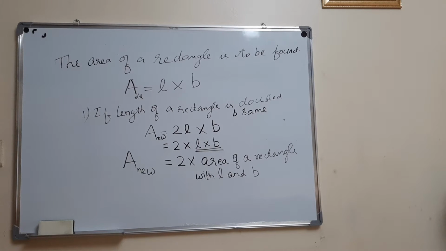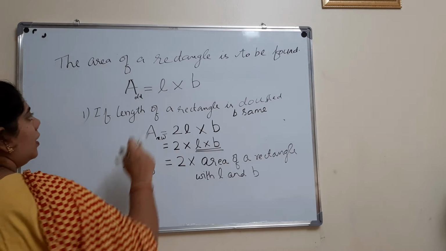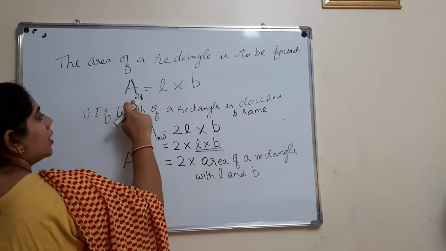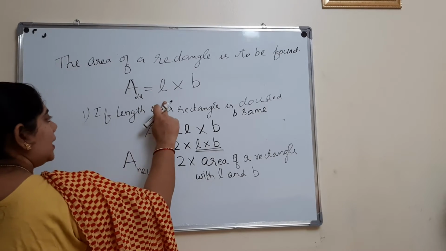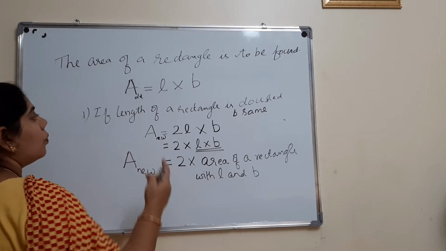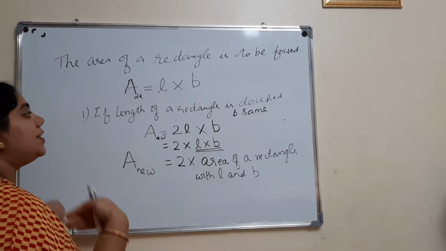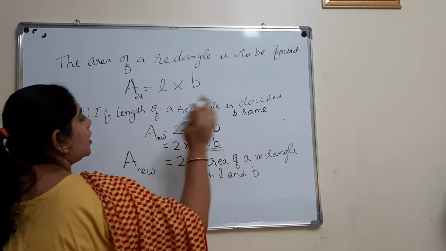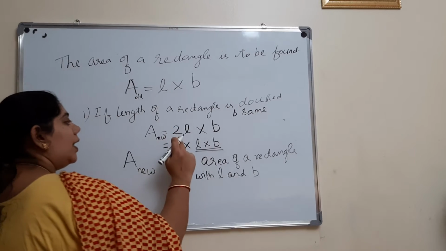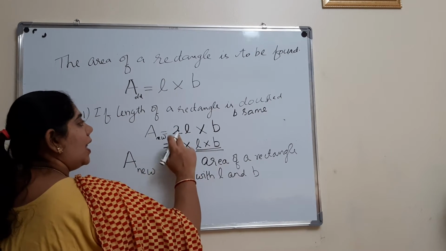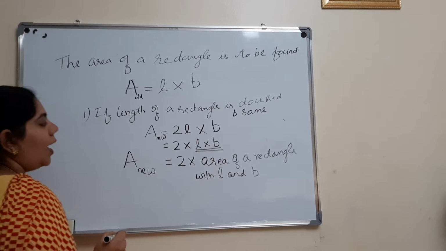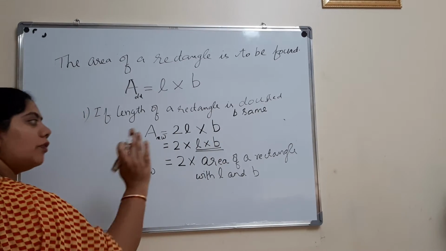To understand, I am taking like that. So when the length is L and breadth is B, area of a rectangle is equal to length into breadth. But in a case of length of a rectangle is doubled and the breadth we are taking as same, no change. In that case, length of a rectangle is doubled means L plus L, that is 2L. So the length is 2L now and the breadth is B only. So we are putting as breadth.